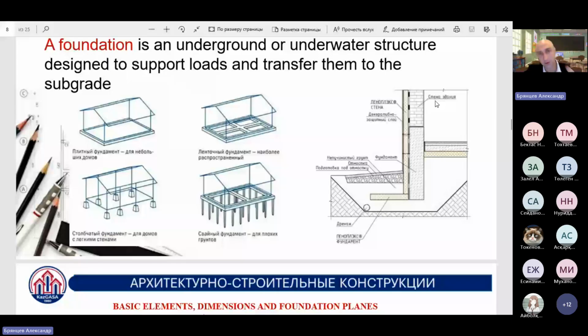So the task of the architects and the designers is to know how to select the optimal type according to the soil conditions, load characteristics, architectural requirements, and so on. You should know the types and how to choose them according to the specific characteristics of buildings.